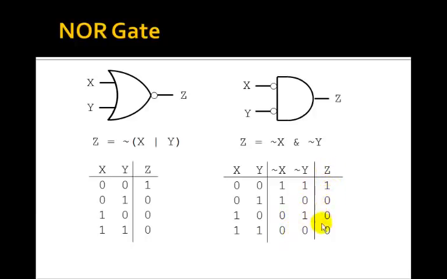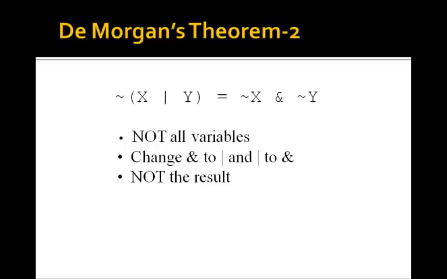But a 1, 0, 0, 0 for Z is the same as a 1, 0, 0, 0 here. So it must be the case that Z equal to not (X or Y), this NOR gate, must be equal to not X and not Y. Now, this is another example of DeMorgan's theorem with exactly the same rules we had before.